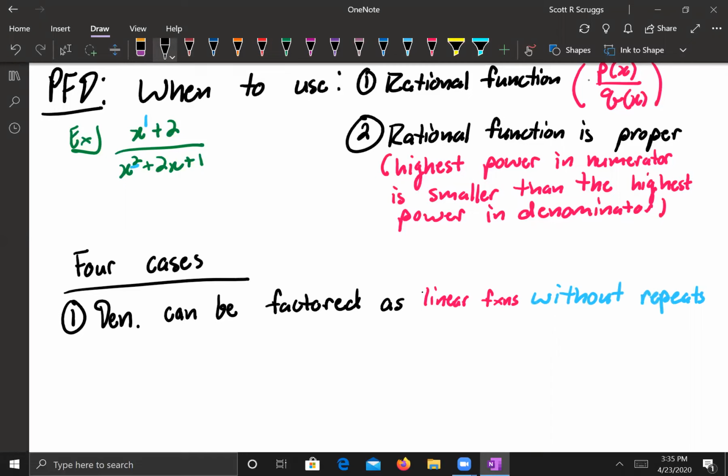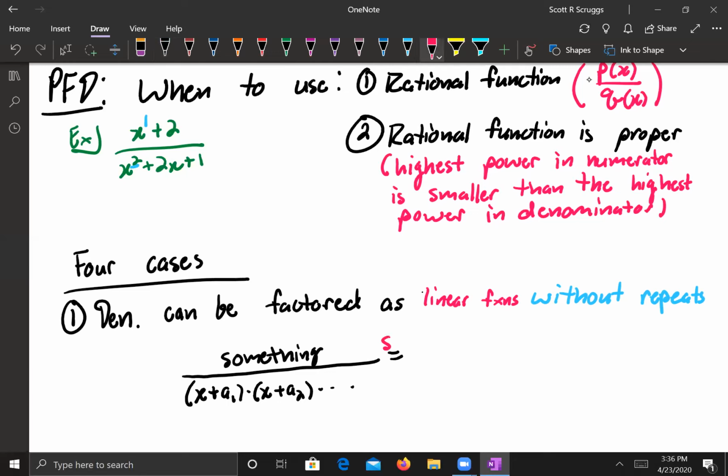And so what happens if that occurs? Well, what I do is I have my linear factors, say x plus a1, x plus a2 for a different one, and I keep on going, with some polynomial in the numerator.